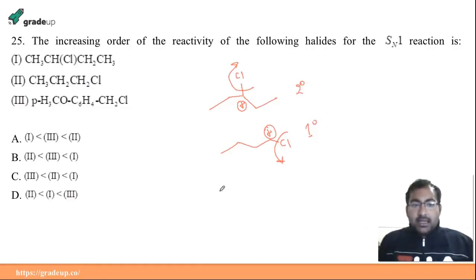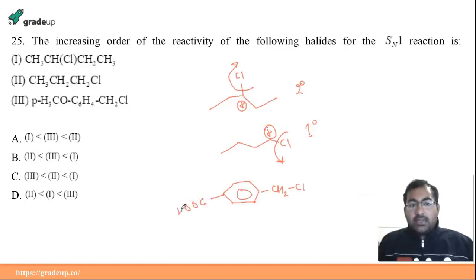In the third case, you have a benzene ring here, and then you get CH2Cl, and at the para position you get an OCH3 right here.